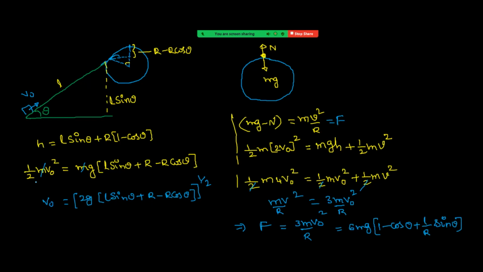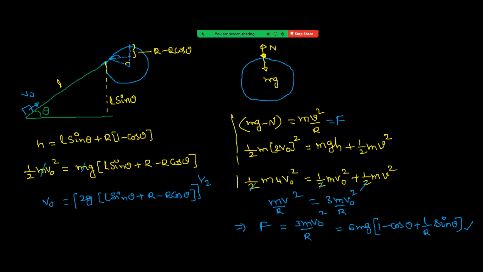Okay. So just using this result, cross check once, into 3: so 6 mg times L by R sine theta plus 1 minus cos theta. That is the centripetal force, or you can say this is the net force acting at that instant.